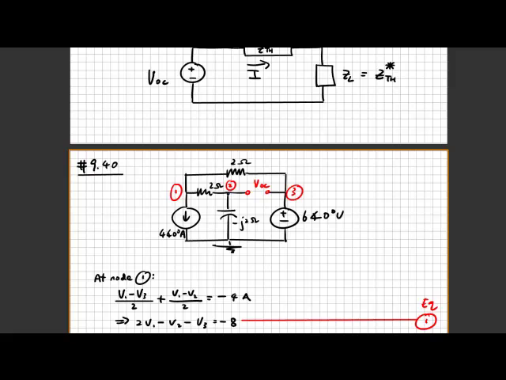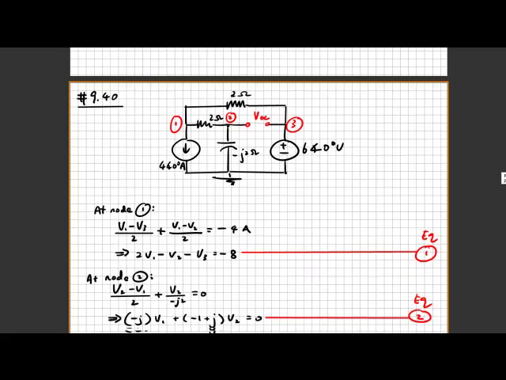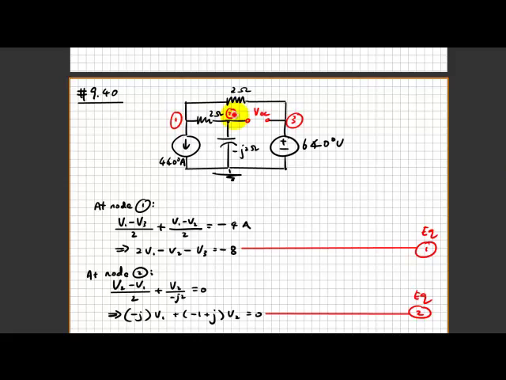The next step is to find the second equation. Same thing applies here: you look at this node and sum all the current going out of that node, which has to equal 0.